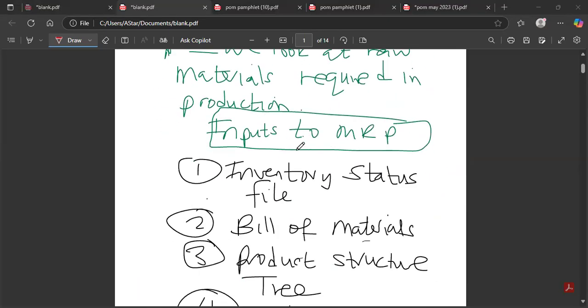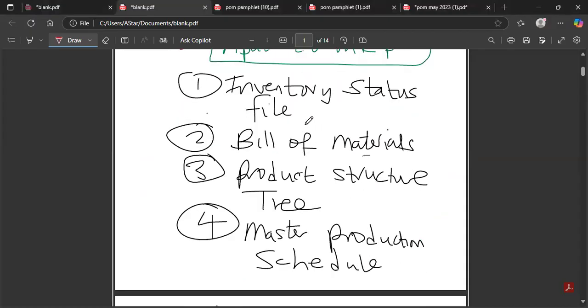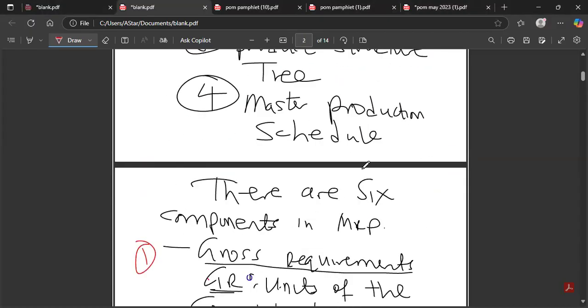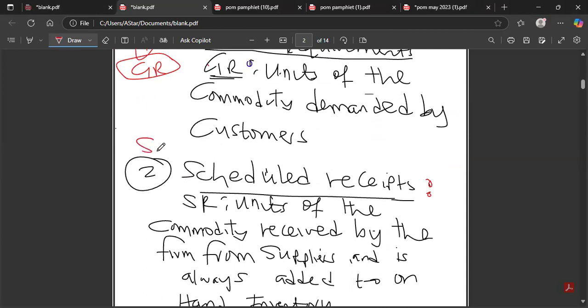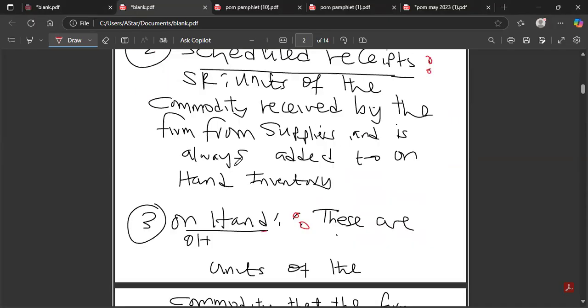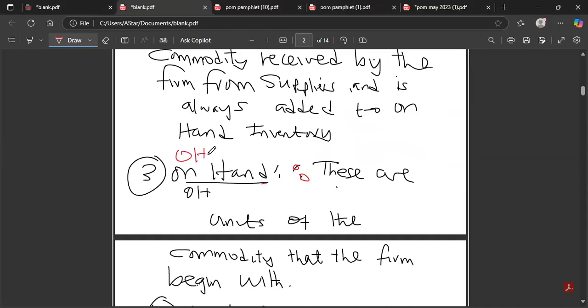The inputs to MRP, I'm doing a summary here. Product structure tree, master production schedule. The 6 components: gross requirements, that's number 1. Scheduled receipts is number 2, units of commodity received by the firm from suppliers. Then on hand, the stock available.